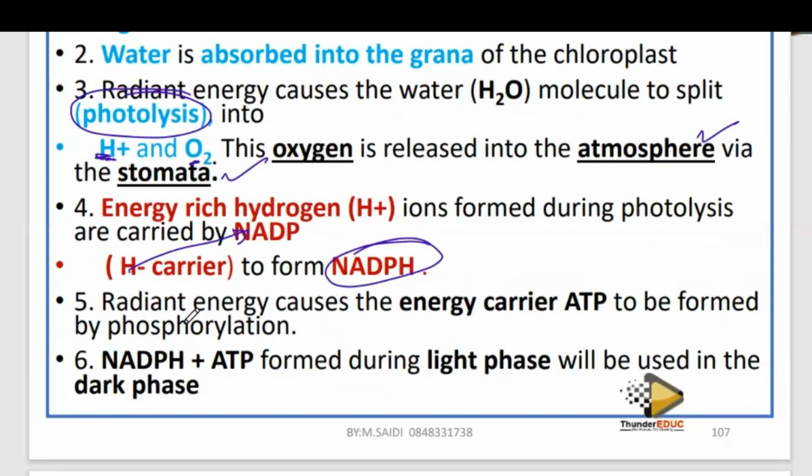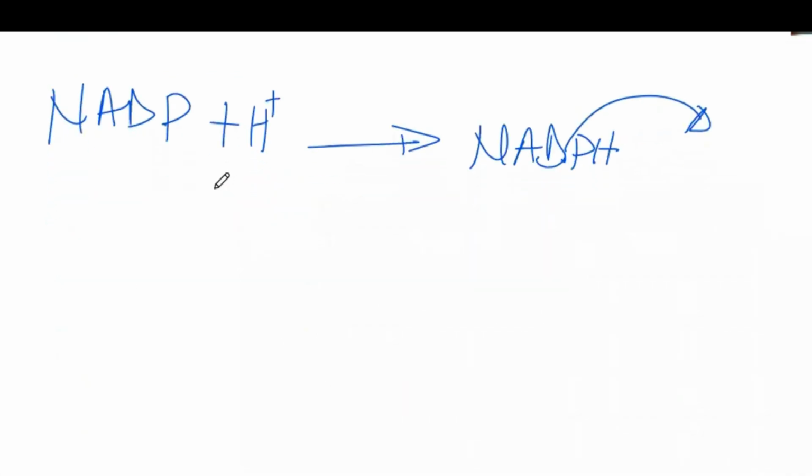Now, the radiant energy also caused the energy carrier ATP to be formed by the process of phosphorylation. Let me show you what happens. Before, it is ADP, which is adenosine diphosphate, meaning two phosphate groups.